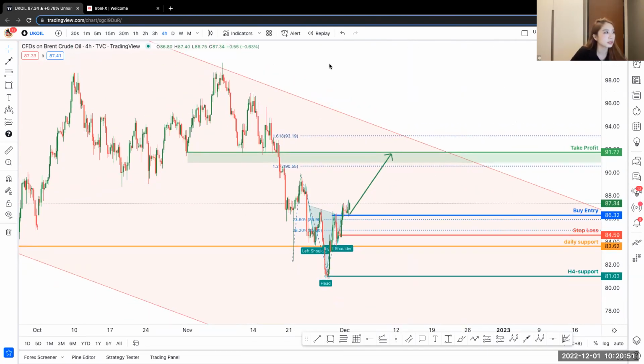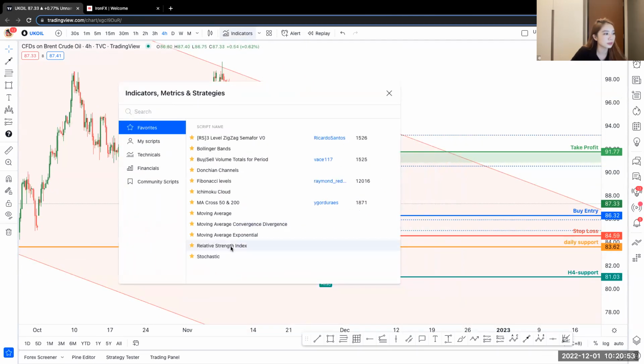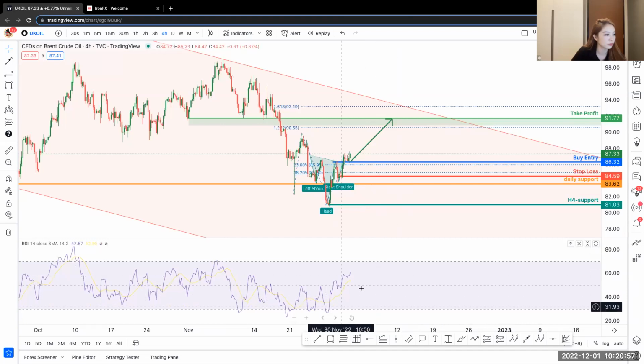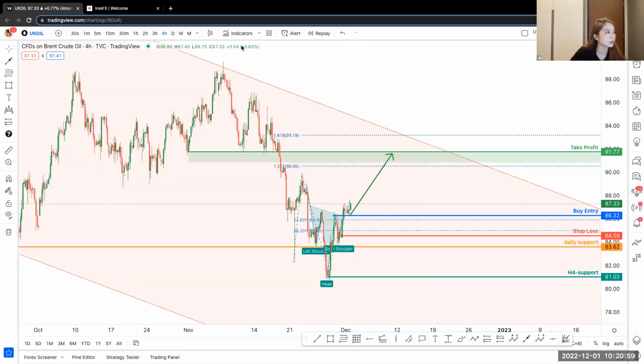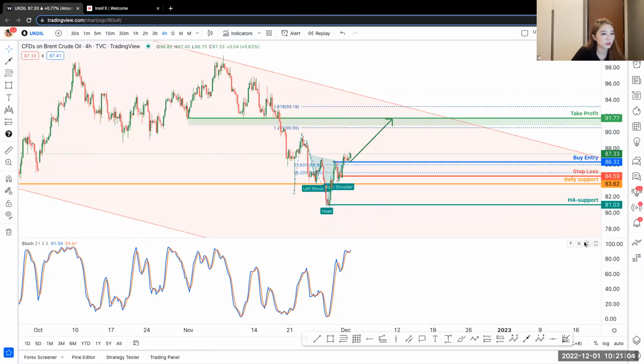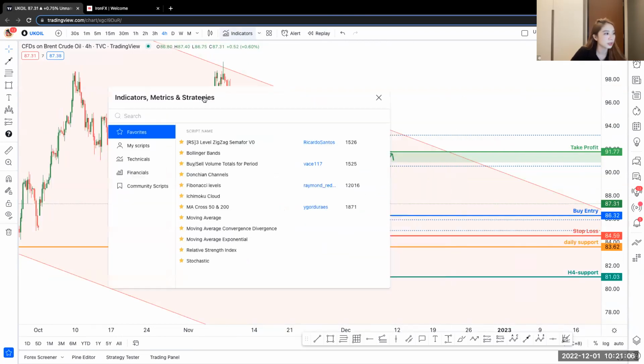All right, let's take a look at RSI. Not telling us much for RSI, pretty much in the middle. Stochastics not telling us much.